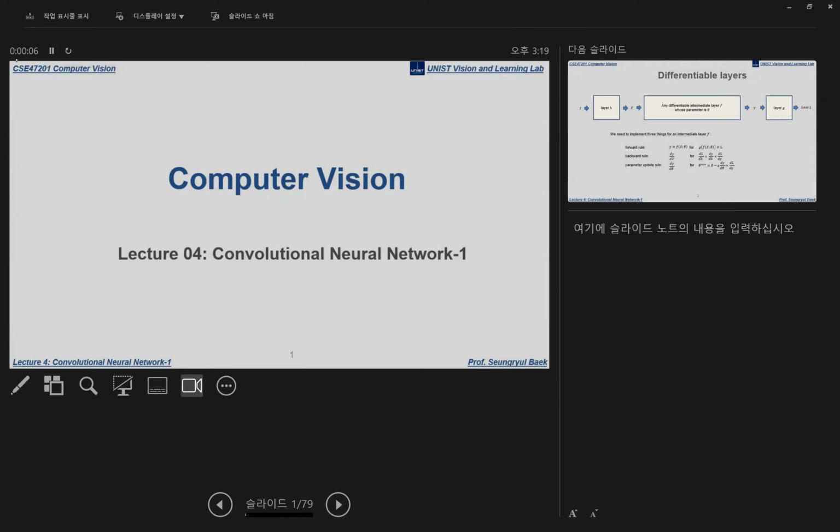Okay. So we already learned about the linear regression algorithm and also the MLP, that can stack linear layers.